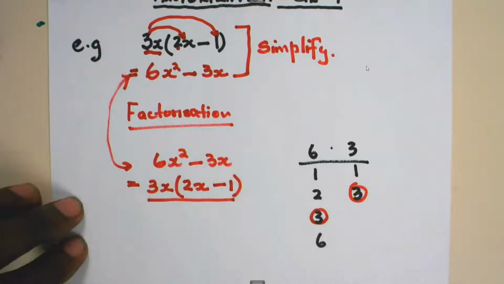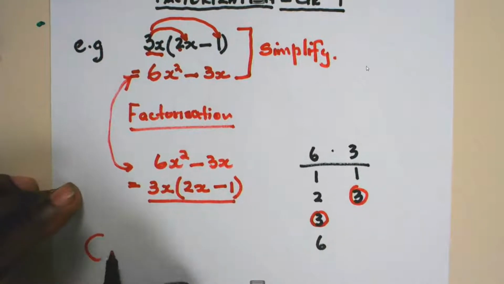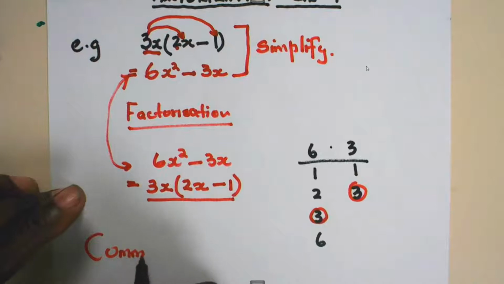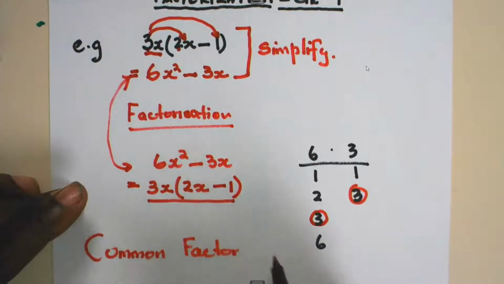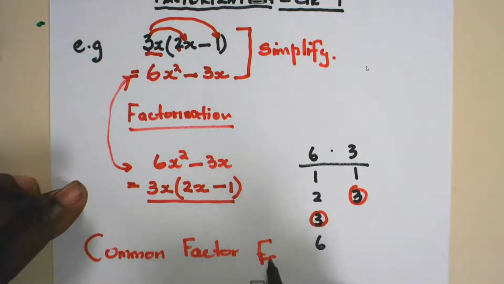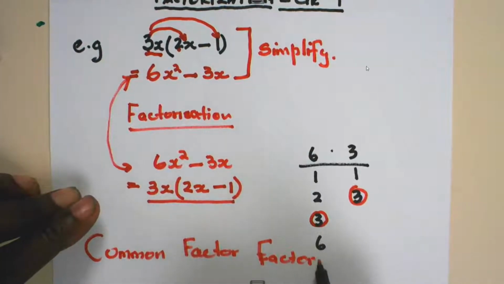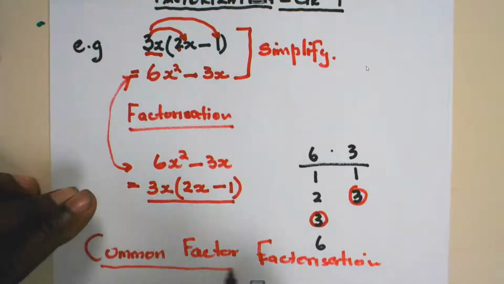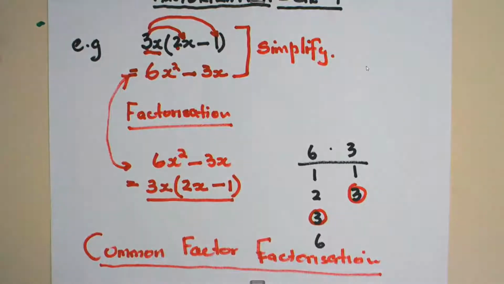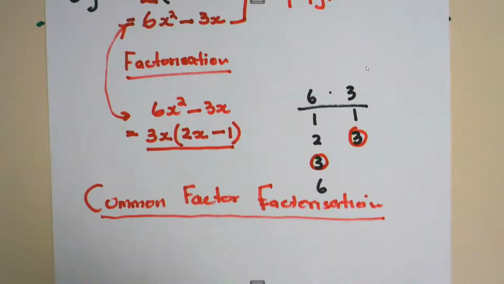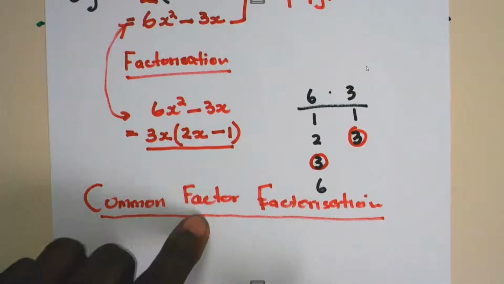This is the first type that we have, the common factor factorization. There are types under this common factor factorization.